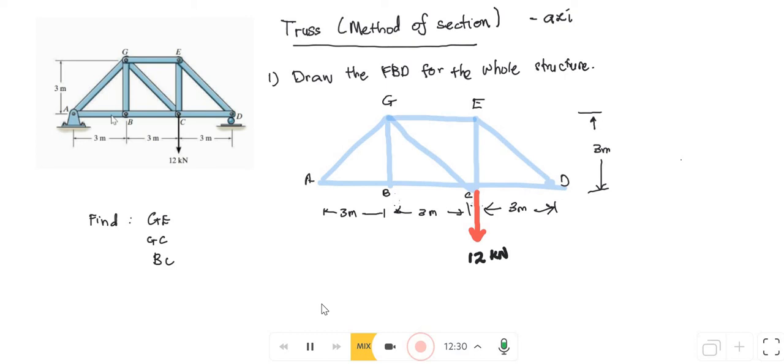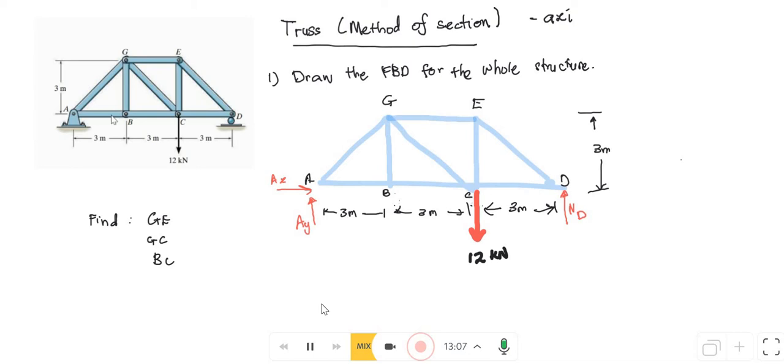As we know, at A we have a pin, so we put here AX and this one we put AY, and for the roller we know we have one reaction, so we put this one as D. You can put ND or D, it's up to you.